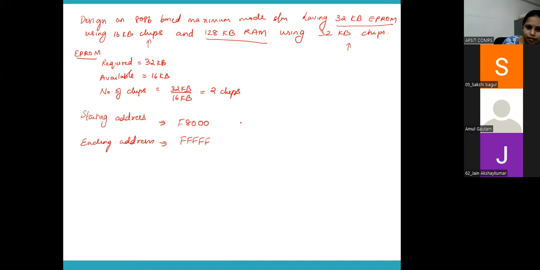FFFF is the ending address. Ending address minus the size. What is the size? 32 KB, that is 2 raised to 15. So what is 2 raised to 15?